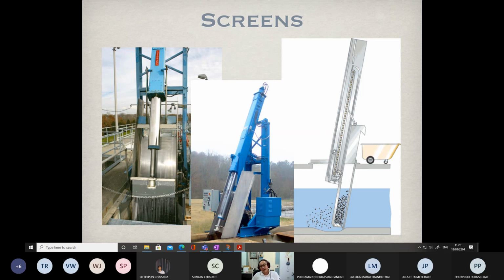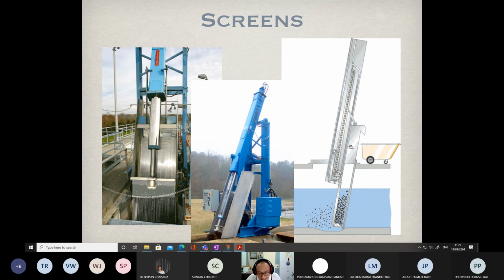There is also one issue regarding the design of the screens. In designing the screens, you have to consider the height difference between before entering the screens and after passing the screens. Anything we put in a waterway, in a piping system, or in a channel will always create head loss. Even these screens will create head loss.